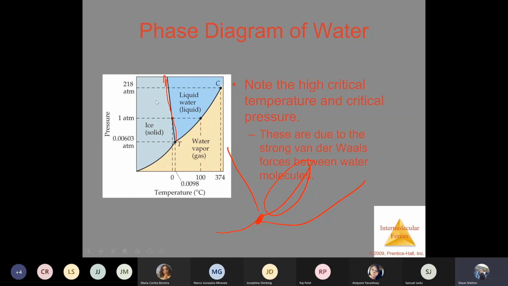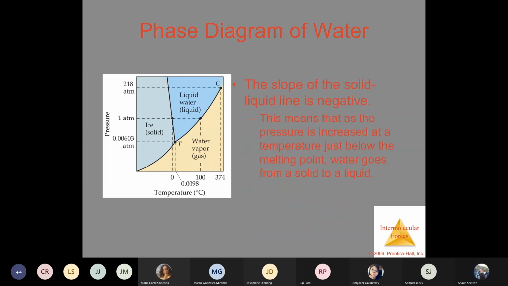So this has to deal with the way water interacts with itself in between the phases and its density. And you can see the point here that the PowerPoint has made about that trend that you see here.